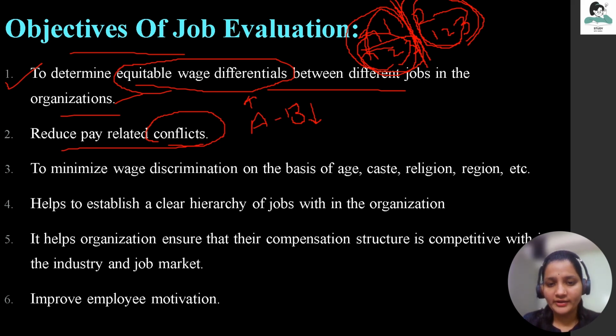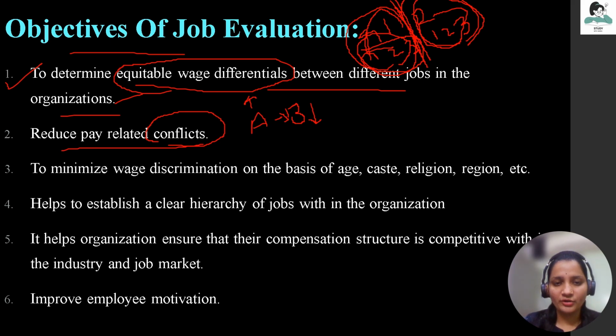You will get conflict there, because B will be jealous that he's getting more than me, even though we have the same duties and same responsibilities. But when we take the job evaluation method into consideration, that will reduce the pay-related conflicts. Am I clear now? Reduced pay-related conflicts.